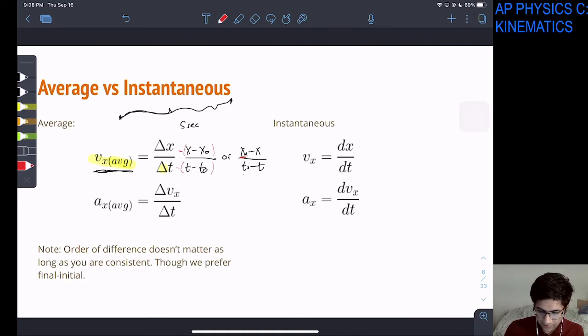Yeah, so this is our average velocity. And now we have, in calculus form, our instantaneous velocity. So our velocity is the derivative of position with respect to time.